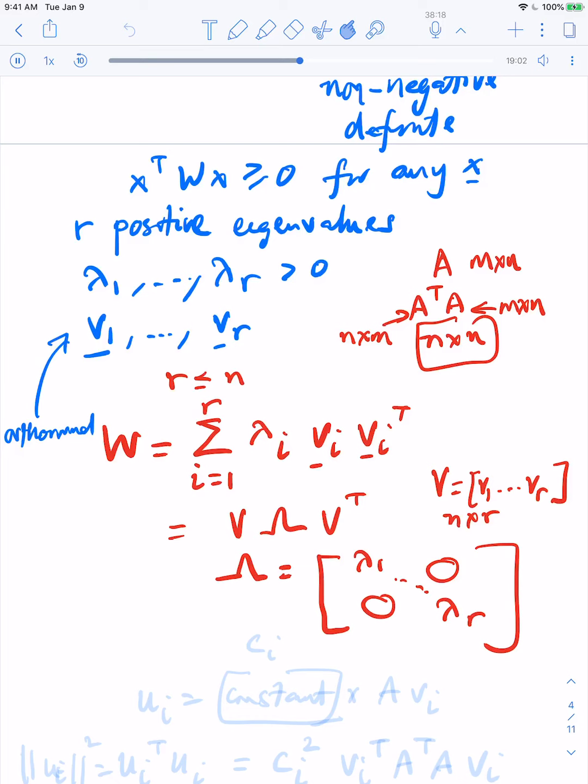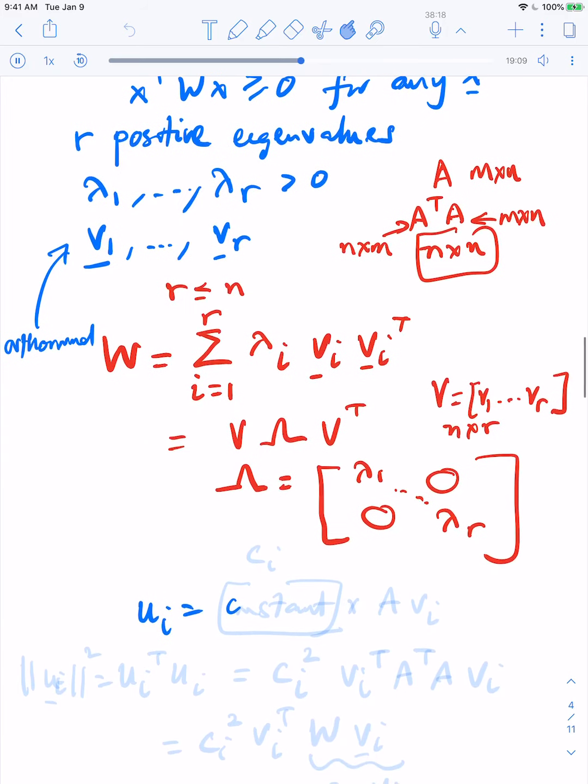And now let me just define U to be whatever will make things work. Let me define u i as some constant times A times v i, right? And let me look at what I need to do to normalize things. So let me look at u i transpose u i.